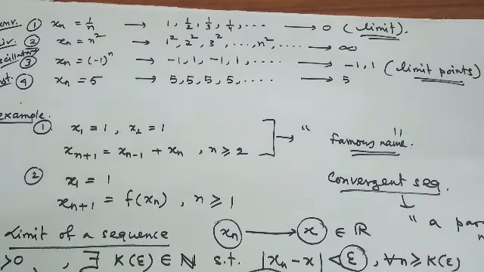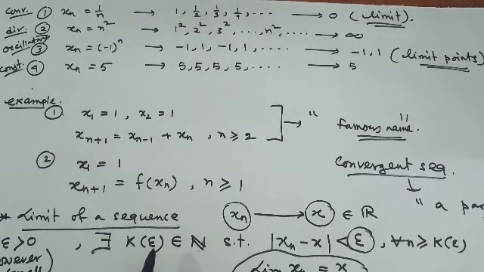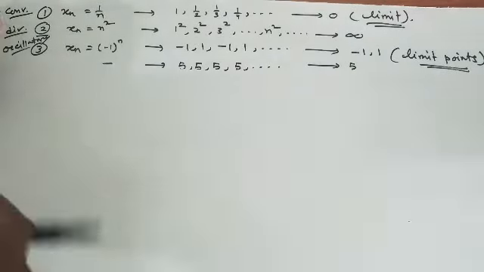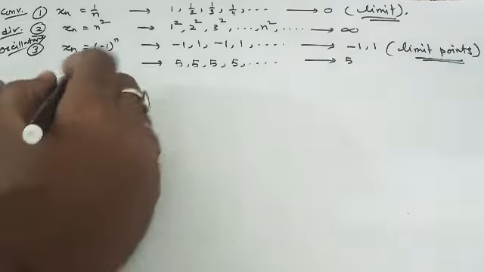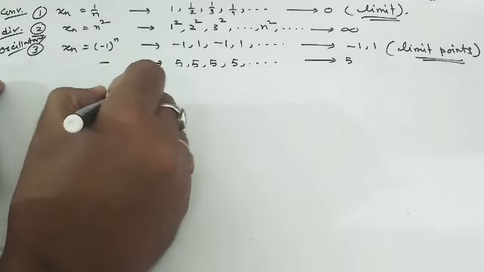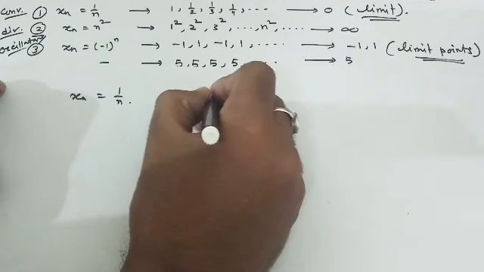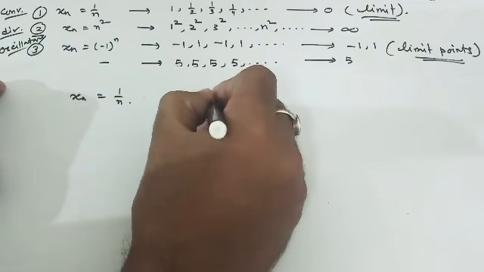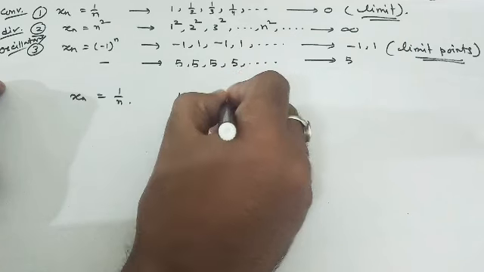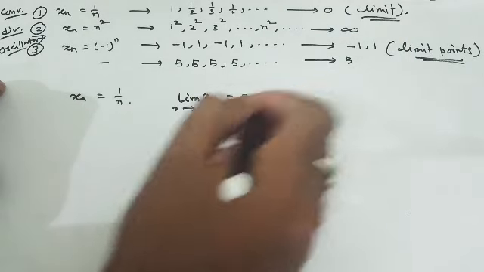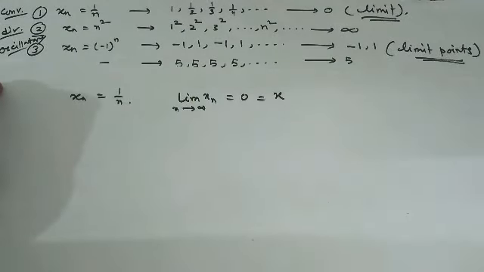Fine. Now we have studied this epsilon and k epsilon definition. Let's implement this definition and see how it works for the first example. Xn equals 1 by n. Here we say that our limit, that is the limit of xn as n tends to infinity, is 0. So it is our x, correct?